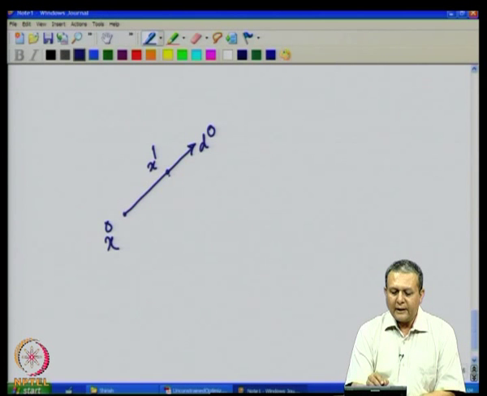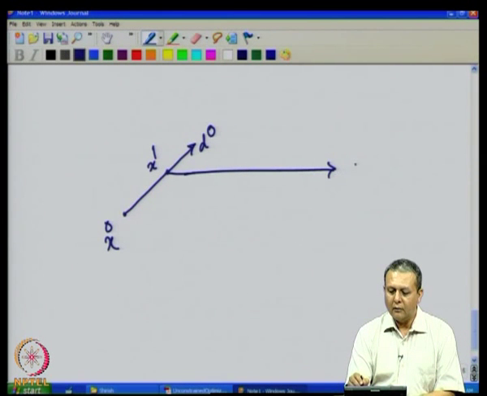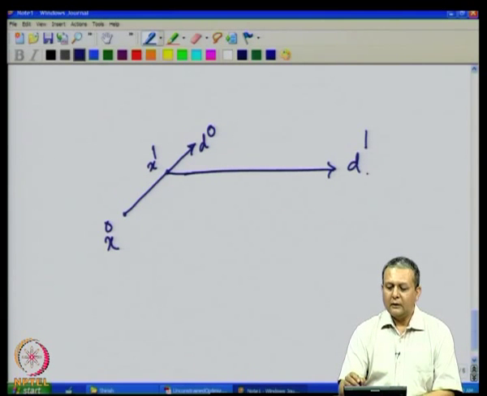Now, we take another vector, say d1. d1 and d0 are independent, so they form a two dimensional space.